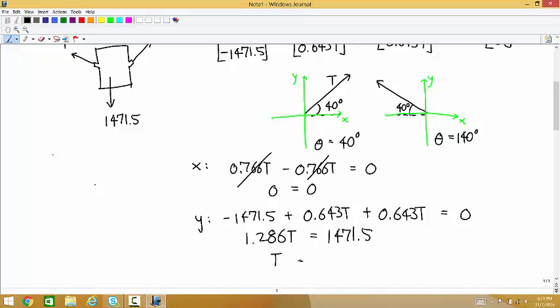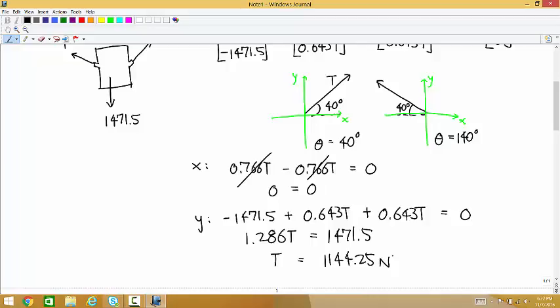And so what do you get for t? 1144.25. What is it? 1144.25 newtons. So that's the magnitude of that cable force. That's the tension in the cable.